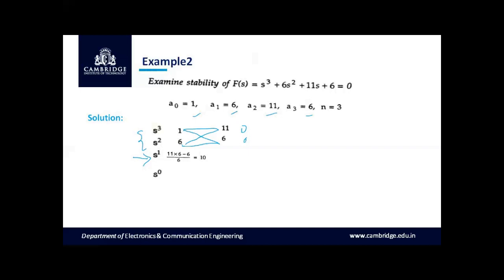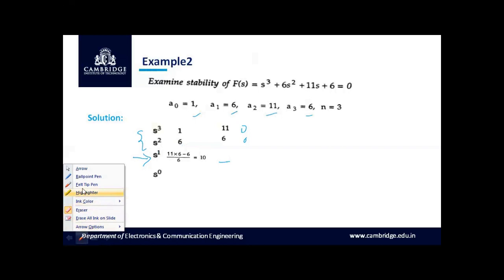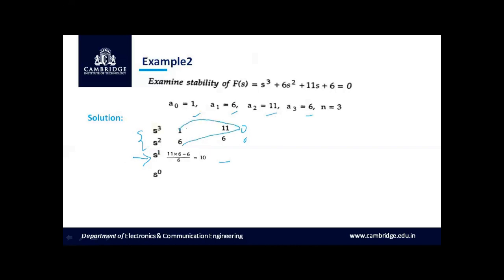Similarly, for the third row second element, we have to follow the pattern 6 into 0 minus 1 into 0, divided by 6.